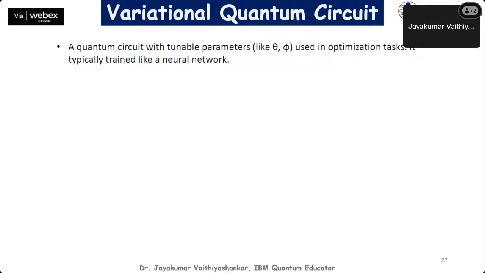It will train like a neural network. If you are already working with neural networks, you can understand that these parameters are tunable, changeable, variable. So variational quantum circuits will act like neural networks for quantum computing.